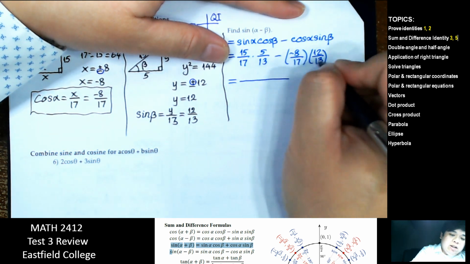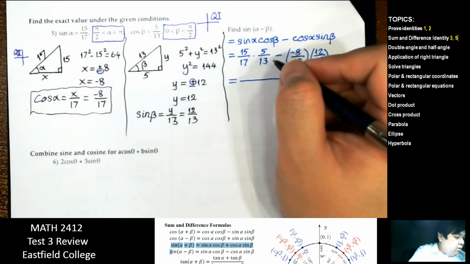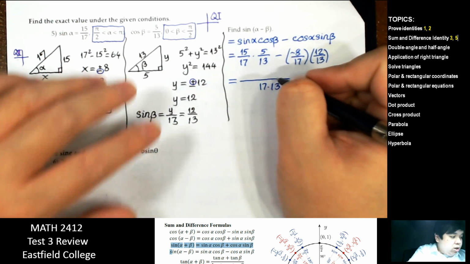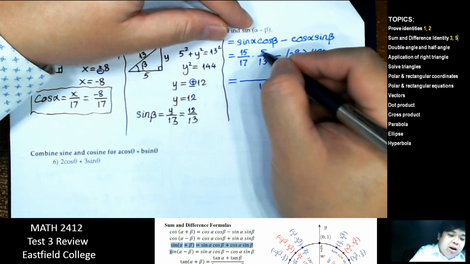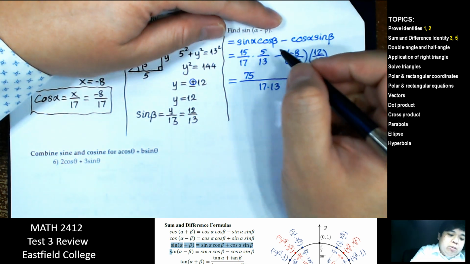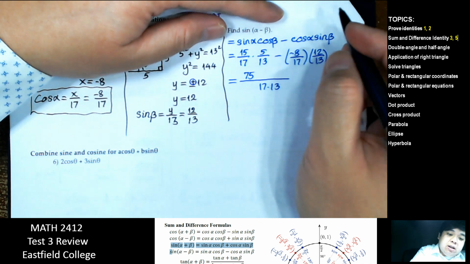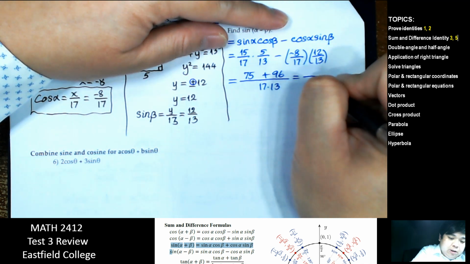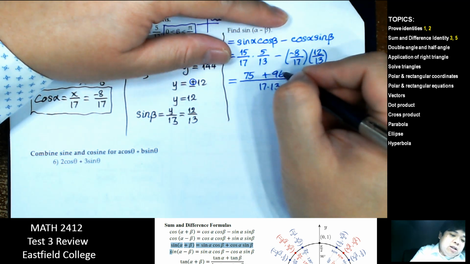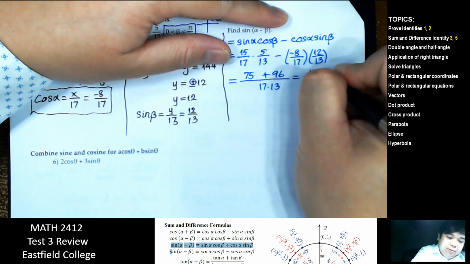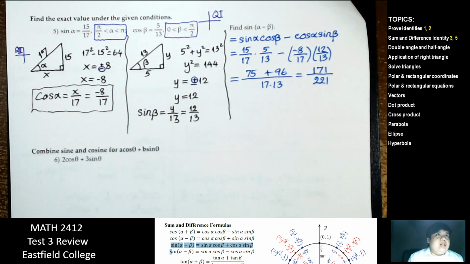And we just have 17 times 13 at the bottom, which is 221, and 5 times 15 is 75. 8 times 12 will be 96. 75 and 96 will be 171. Right, so we just get it like that.